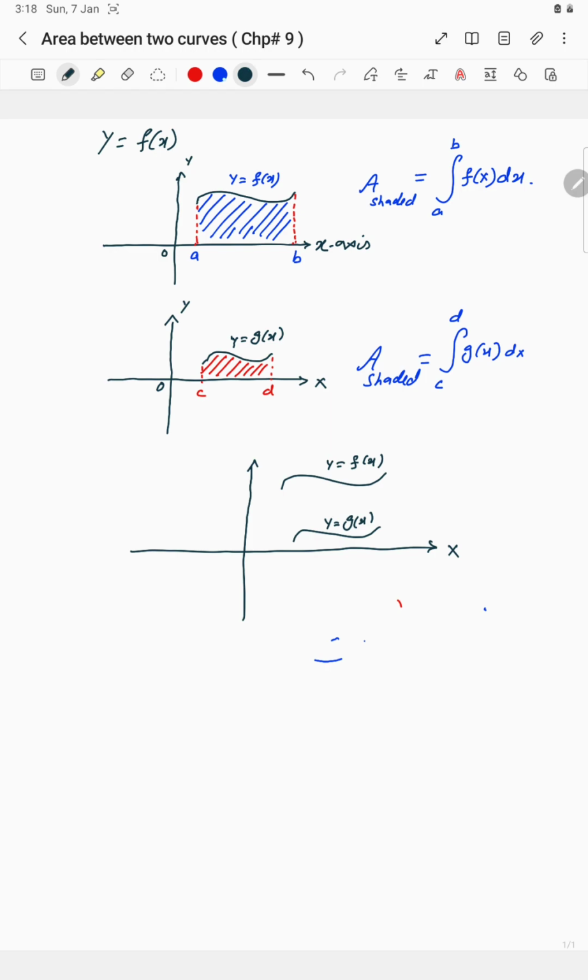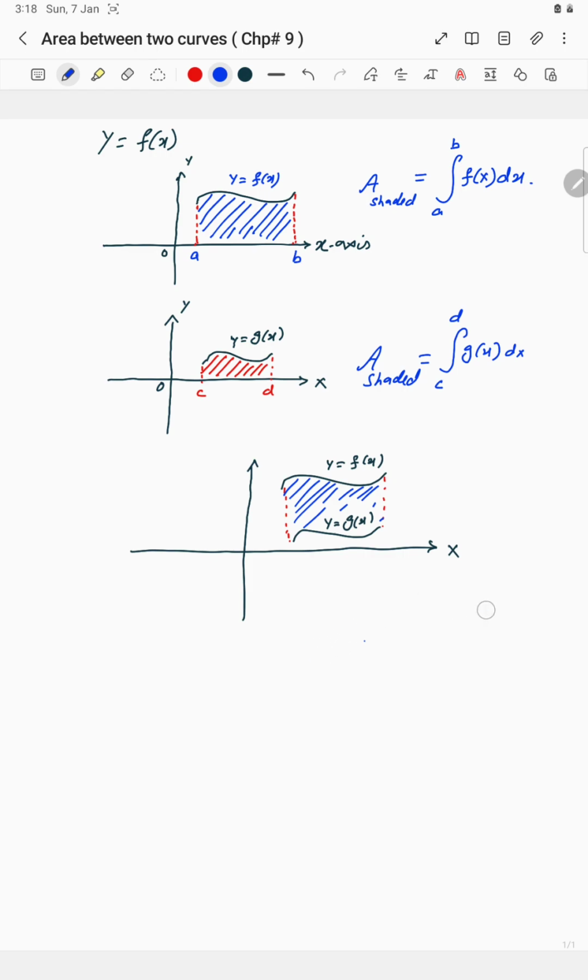Now we are interested to find the area lying between these two curves, right? Here, like this.